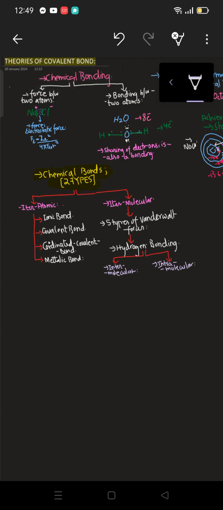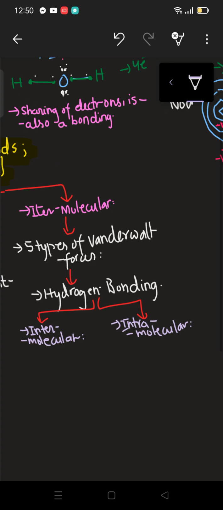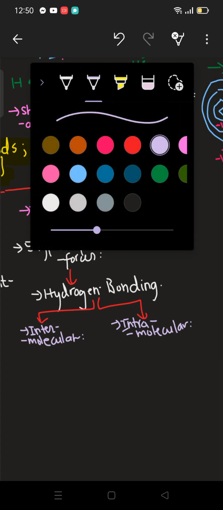So chemical bonding has 2 types, interatomic and intermolecular. Interatomic has 4 subtypes: ionic, covalent, coordinate covalent, and metallic. Intermolecular has 5 types of van der Waals forces and hydrogen bonding, which includes intermolecular and intramolecular hydrogen bonding.